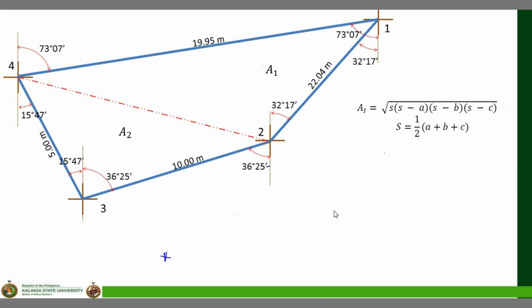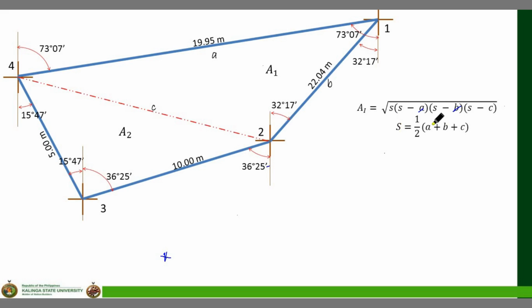Let's say A is 19.95, B is 22.04, and let's say C is unknown. I have the value of A and B, but I don't have the value of C.